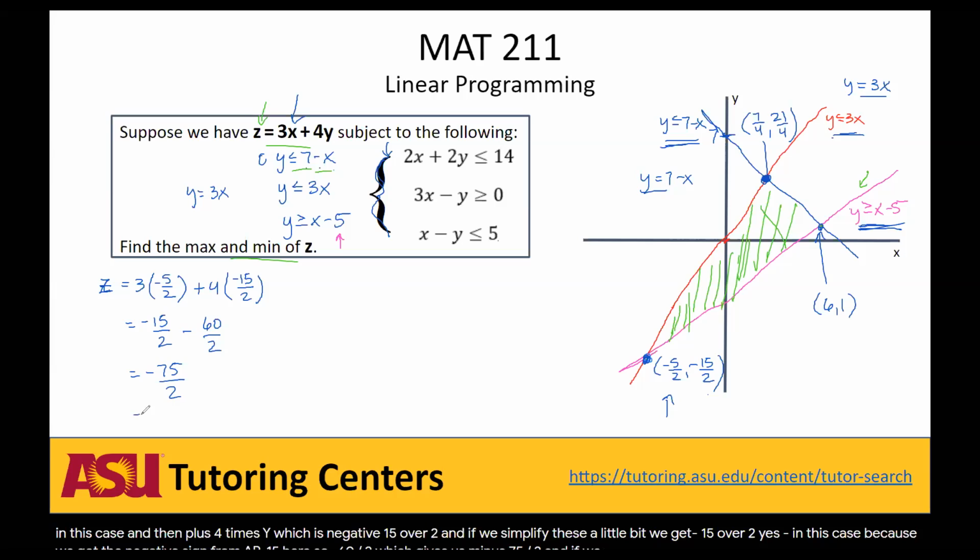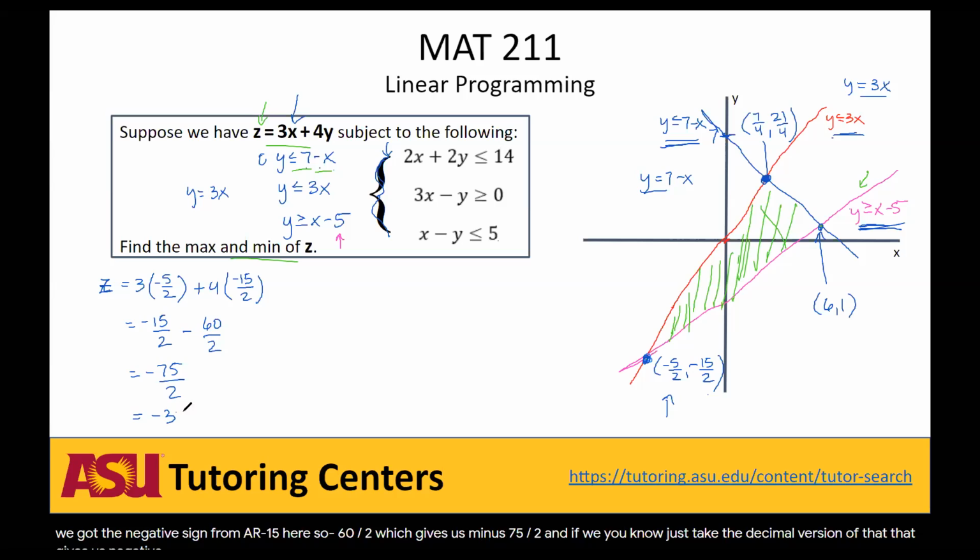And if we just take the decimal version of that, that gives us negative 37.5. So that's for our first value here. We'll just mark that as first. Let's try it again for our second point.